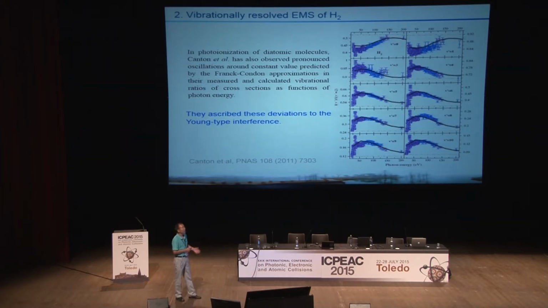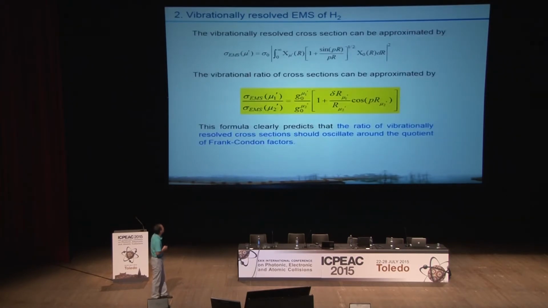So, in order to explain this difference, we turn to the theoretical calculation for the vibrationally resolved cross-section. Using this formula, we can get the vibrational ratios of cross-section.